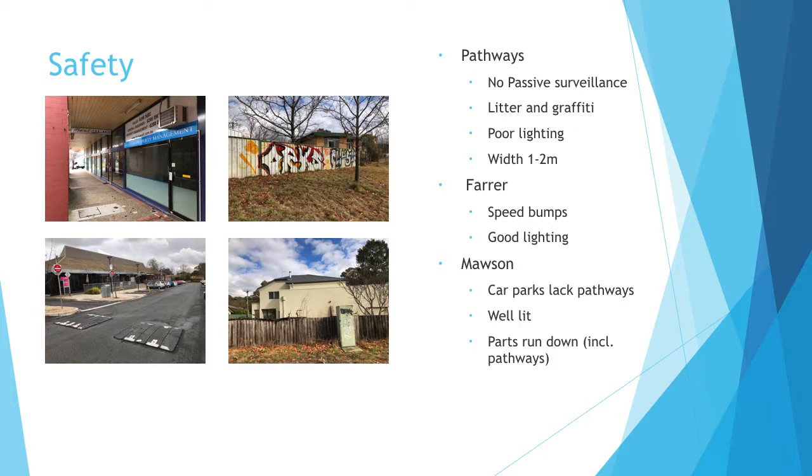There are parts of the Mawson shops, or the precinct itself, which are pretty run down. Shops are vacant, which leads to it being quieter, and it's more likely that people are going to hang around there that might unnerve you. The pathways are also run down and need some repair.